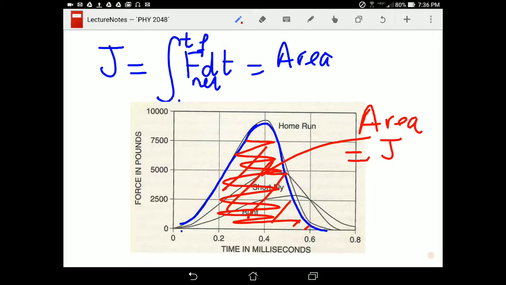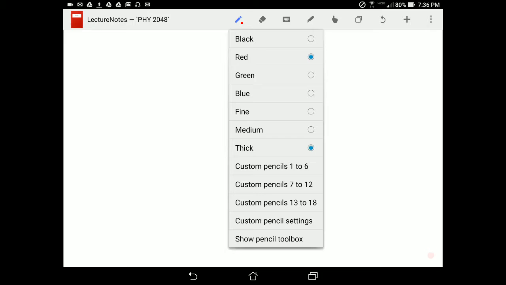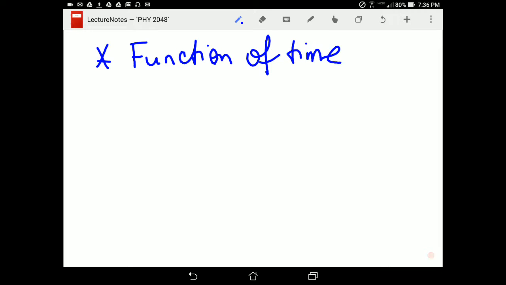The problem, of course, is that this may be complicated. So we would have a couple of ways to do this. Either we know a function of time, which would be an ideal thing. If we have a function of time, then we could certainly apply calculus.